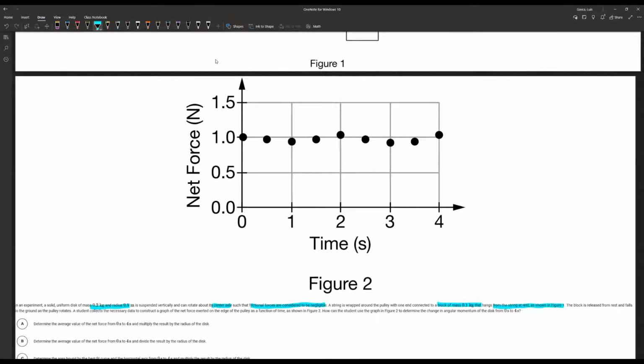The block is released and falls to the ground as the pulley rotates. A student collects the necessary data to construct a graph of the net force exerted on the edge of the pulley as a function of time, as shown in figure 2. How can the student use the graph in figure 2 to determine the change in angular momentum of the disk from 0 to 4 seconds?